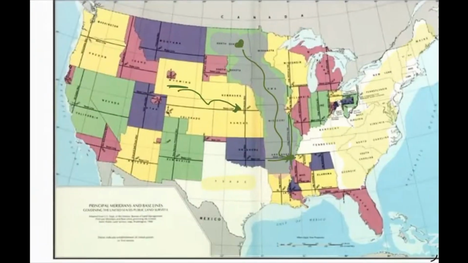If you're in California, you've got this one here, this one here, this one. It's all over the place. I happen to live in Michigan, which only has one principal meridian and baseline. How and why these sections were set up the way they were, I have no idea.